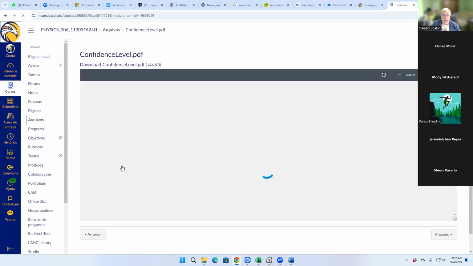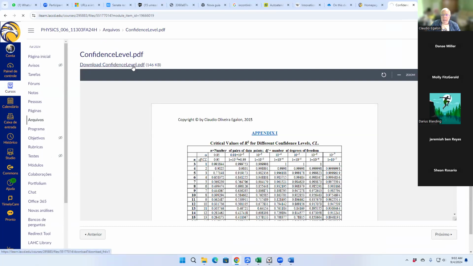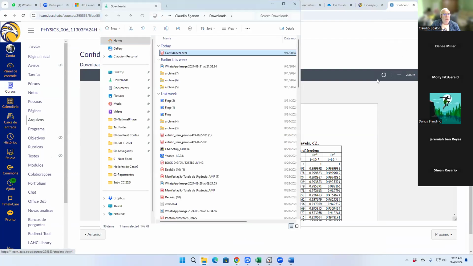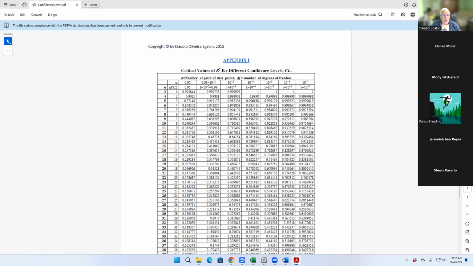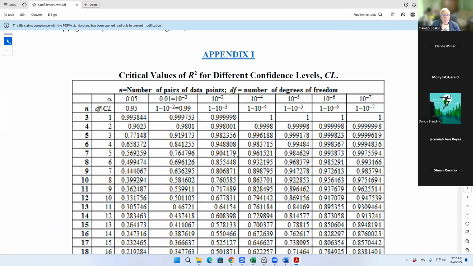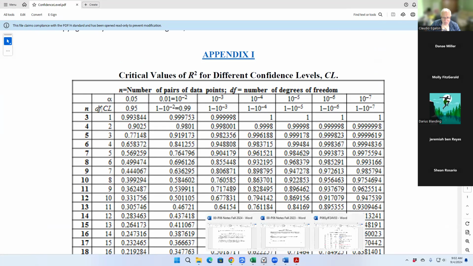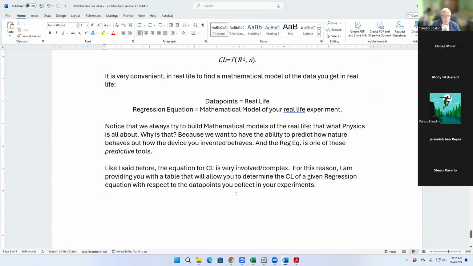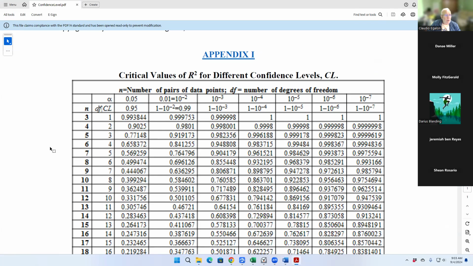I want you to download that as well. Let's play a little bit with this table, and I want you to follow with me so you understand how we use it. Remember that I told you that confidence level is a function of n and R squared. And we do have n here.